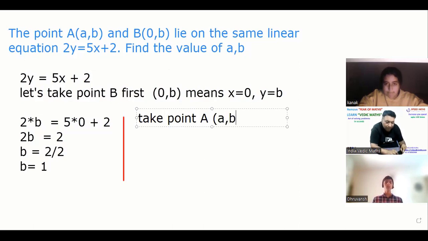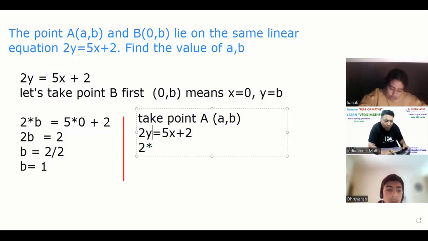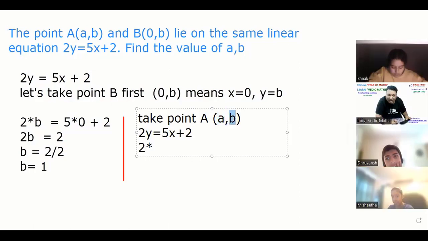Agree? So what was the equation we had? The original equation 2y equal to 5x plus 2, right? Yeah. Let's substitute. 2 times what will you substitute for y here? y is b.